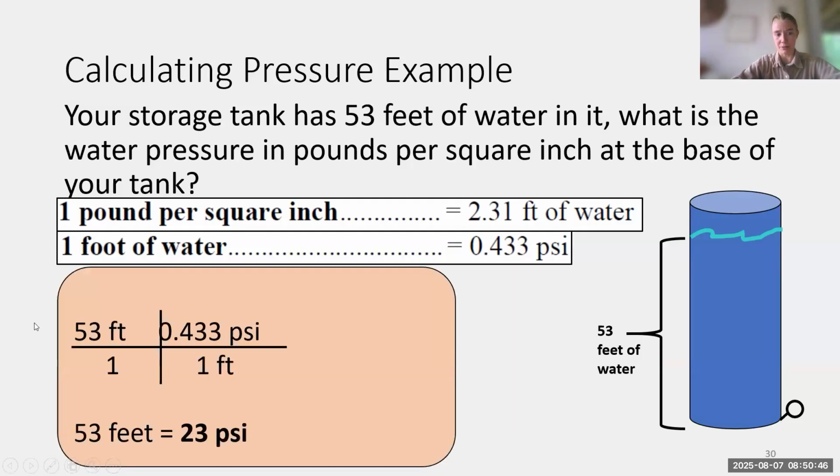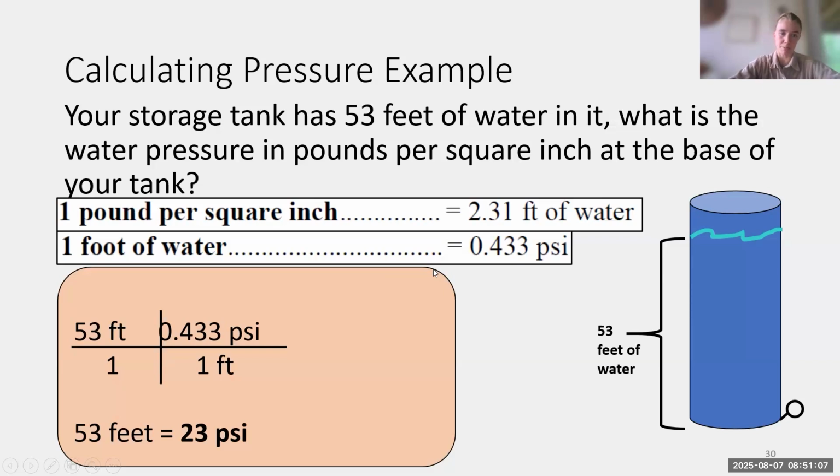It's just a conversion, really. We're taking the height, 53 feet, and on the right side of the equation, we've got 0.433 psi over 1 foot. This is our second conversion option.